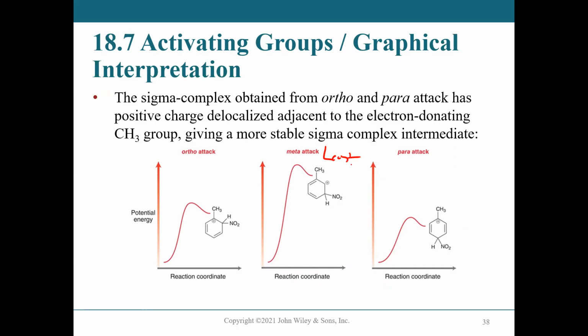So we'll call this the least. And this is the most favored at the ortho position. The sigma complex from the ortho and para attack has a positive charge delocalized adjacent to the electron donating methyl group, giving a more stable sigma complex intermediate. So they show the charge adjacent. We can never get adjacent with the methyl group in meta, so it's going to take a lot more energy for that reaction to go through.